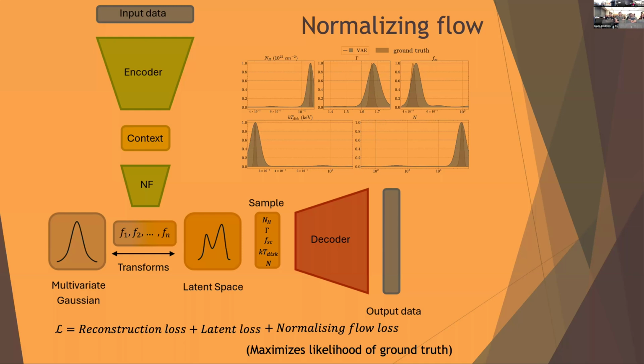So one of the generalizations of this could be to emulate XSPEC, and not just the XSPEC prediction. Potentially one thing that one could do is extend this from variational auto-encoders to conditional variational auto-encoders. This isn't a big step, potentially.